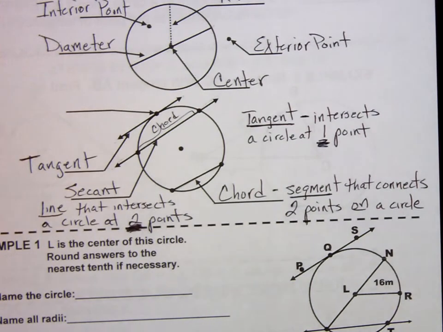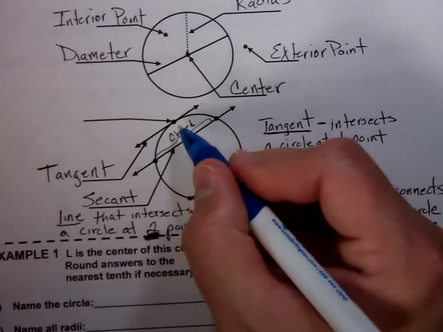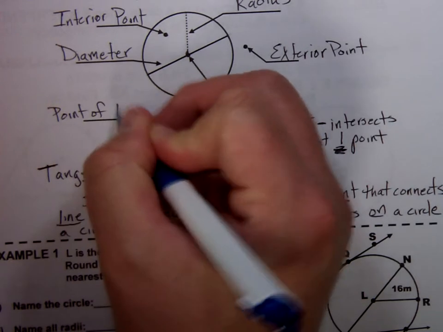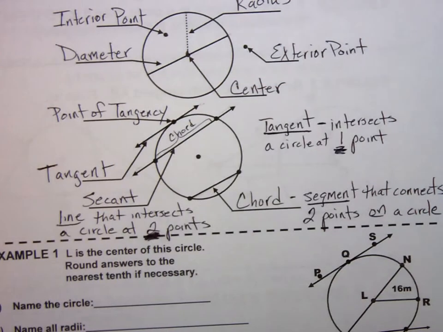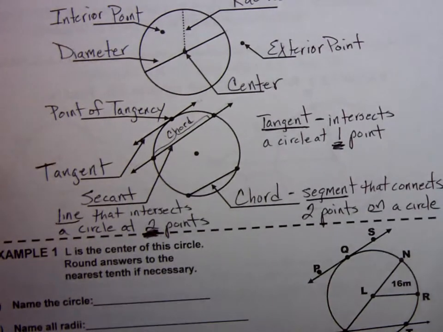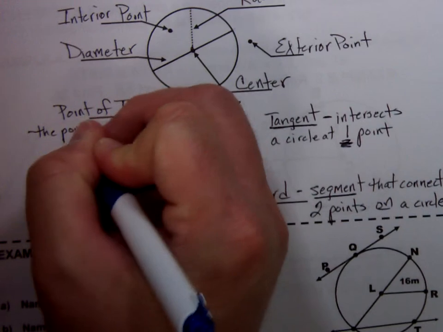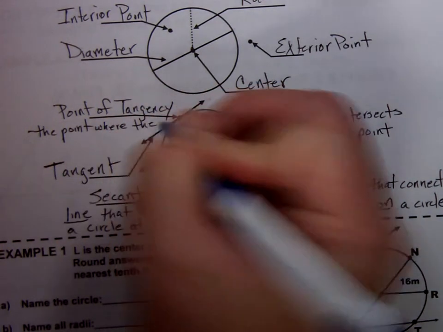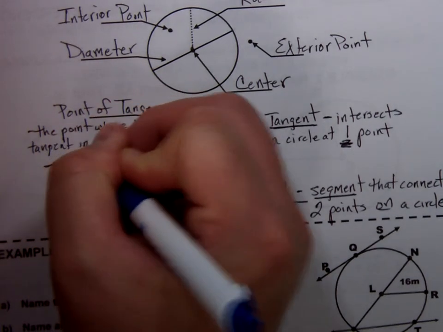And that 1 point where the tangent does intersect the circle, that point is called the point of tangency. So the point of tangency is the point where the tangent intersects the circle.